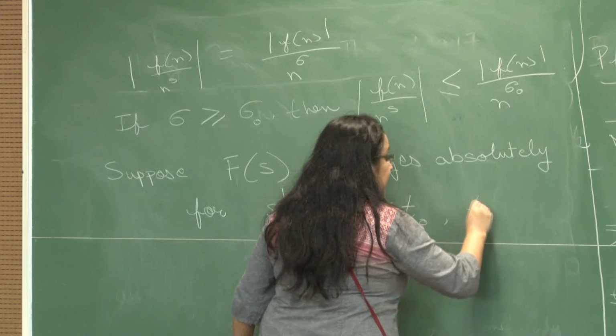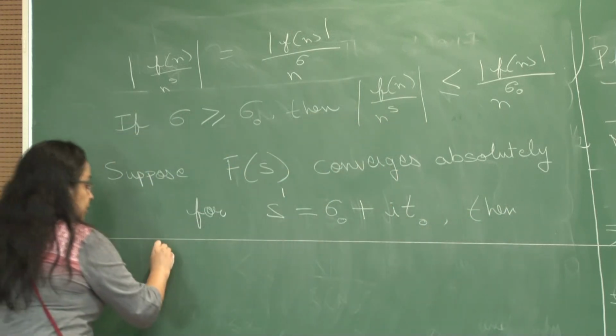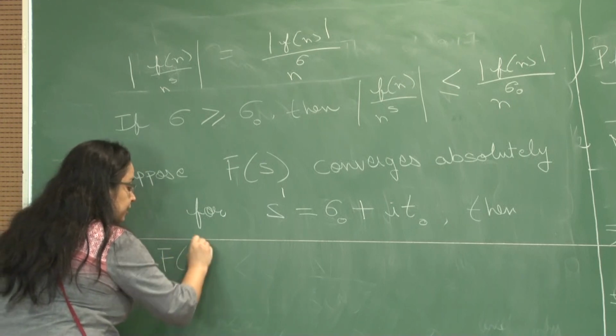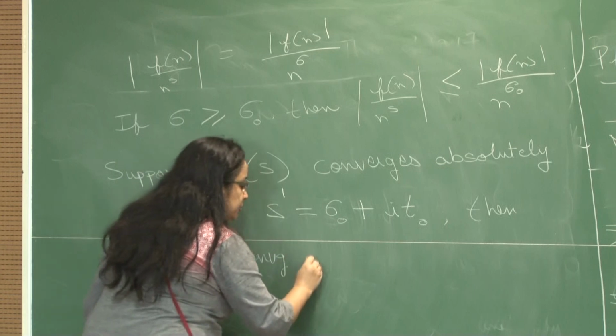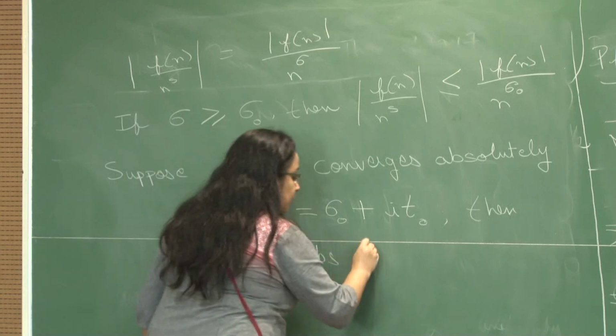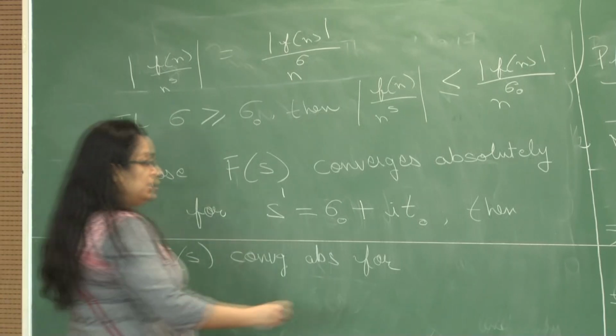Okay, then by what we have done above, F of s will converge absolutely for all those s with real part greater than or equal to the real part of s prime.